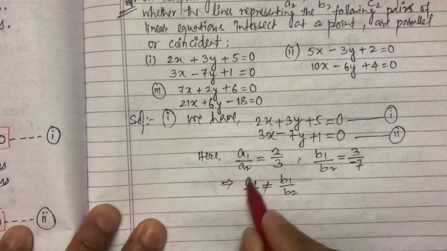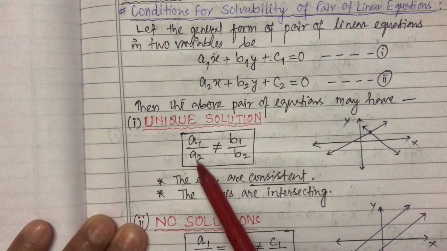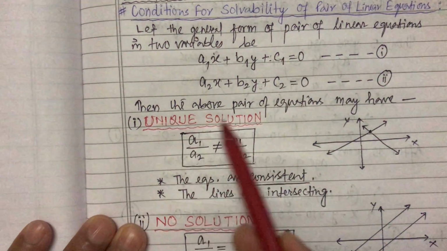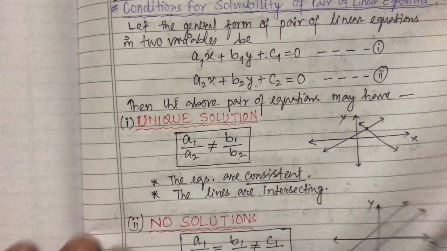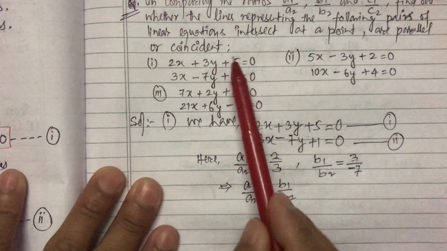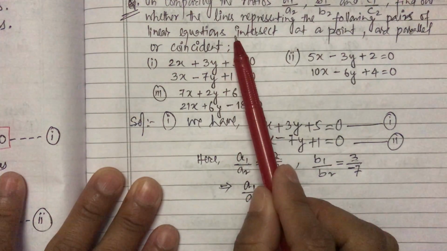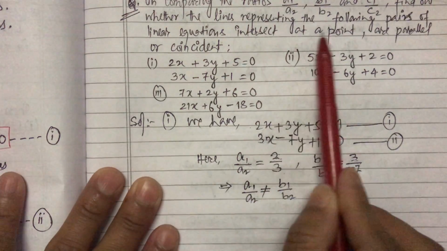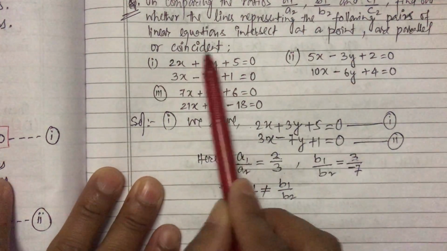So what was this condition? If you remember, let me show you again. a1 by a2 not equal to b1 by b2 is nothing but a unique solution. That means consistent, or the lines are intersecting lines. So in this question, what do they want us to do? To check whether the lines intersect at a point, are parallel, or coincident.